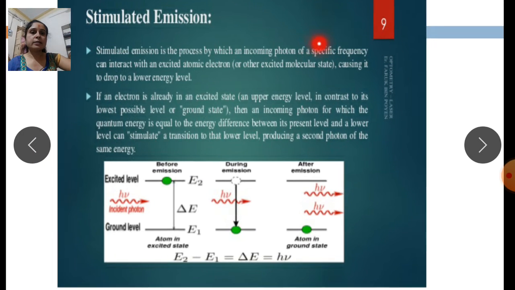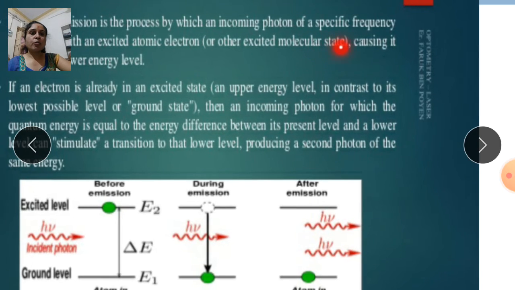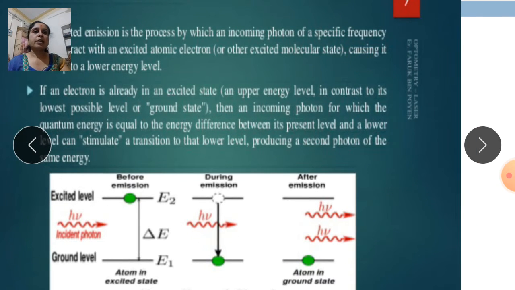In stimulated emission, an incoming photon of a specific frequency is required to act on the excited state atom's electron, so the excited state is emitted to the lower energy level.